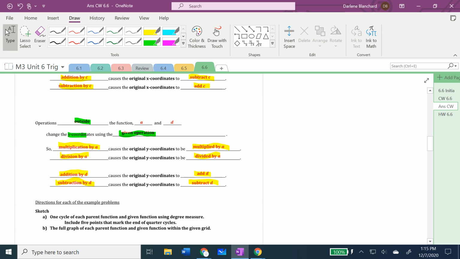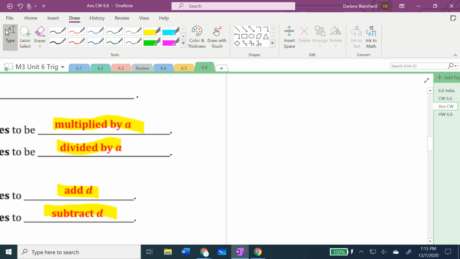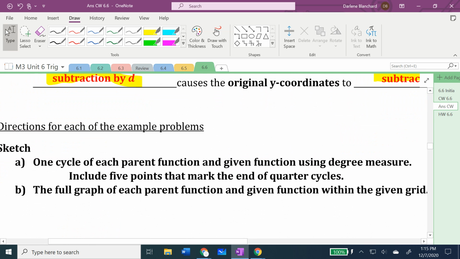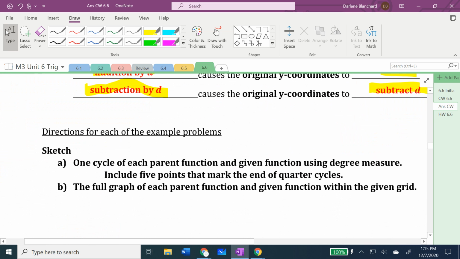Okay. Now, the directions for the graphing problems. You're going to sketch first one cycle of the parent function, and then you're going to sketch the full graph of the parent function and the given function.